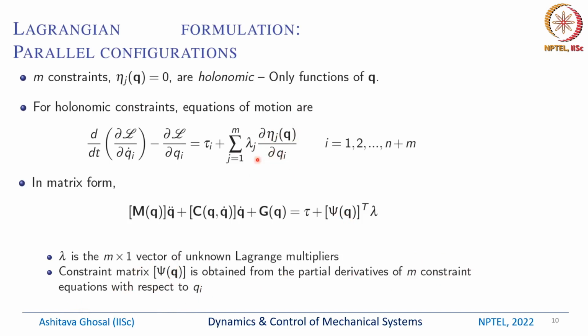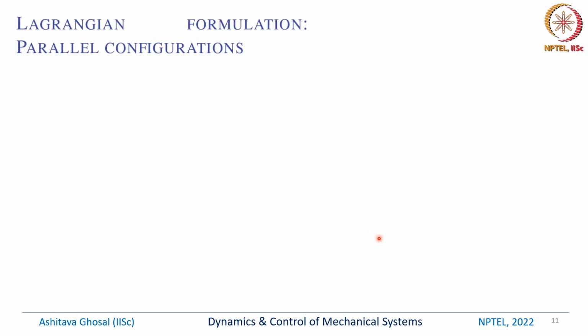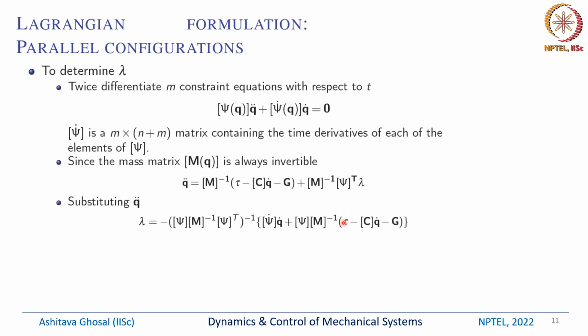So if you do this and rewrite, we can see that this could be written in this form. So the lambdas are unknown as of now. We need to derive the lambdas in order to find the equations of motion. So the lambdas have been introduced by us, so we need to find what the lambdas are.